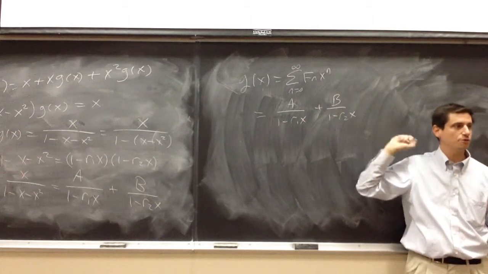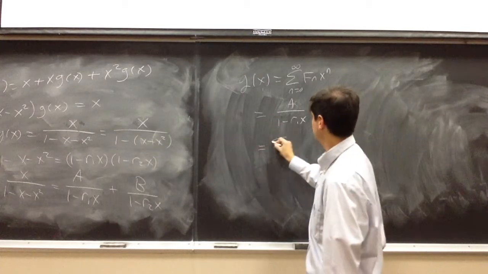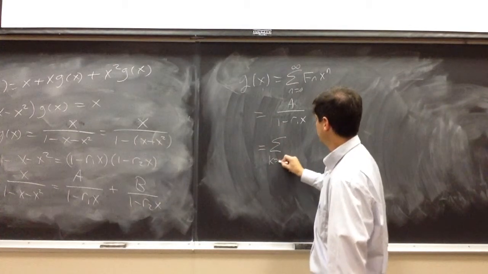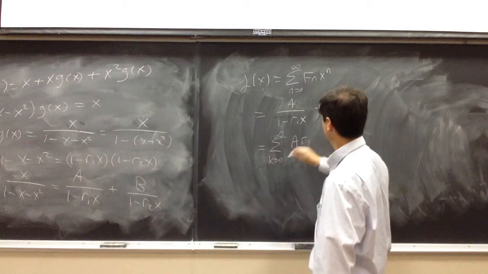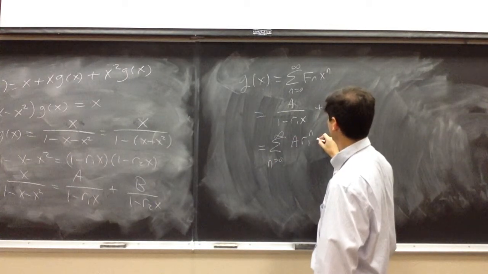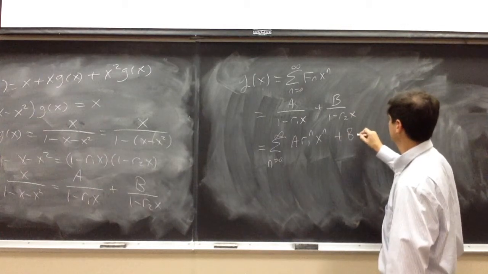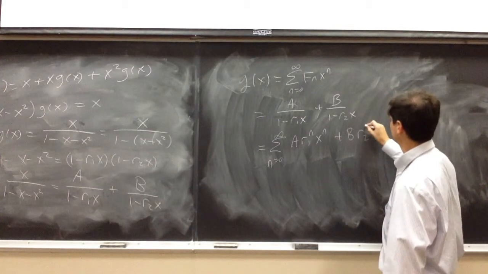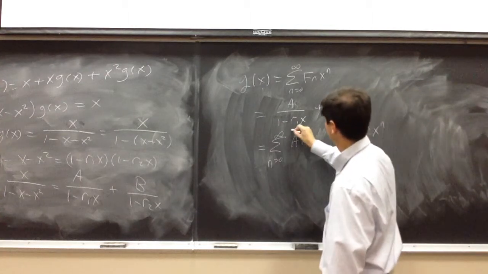I'm not going to have to worry about problems coming from different degrees. And so this will give me a sum, n goes from 0 to infinity, of a r1^n x^n plus b r2^n x^n. Well, I can pull out the x^n.